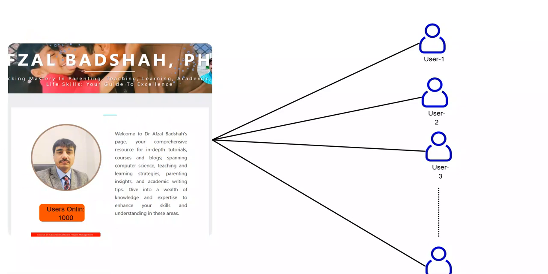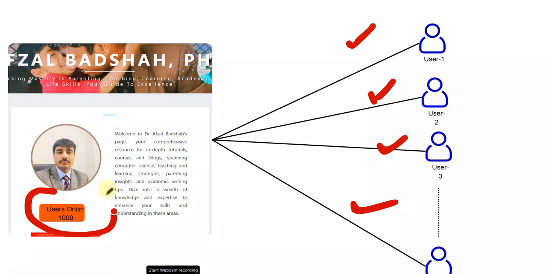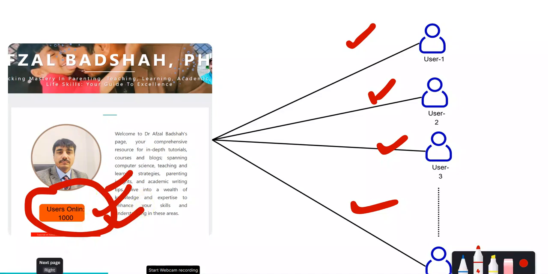For example, you have created a website, an online website, and it is visited by a number of users. Every time a visitor visits, we show them a label showing how many users are online. For example, currently 1000 users are online, then we show all of them that 1000 users are online.